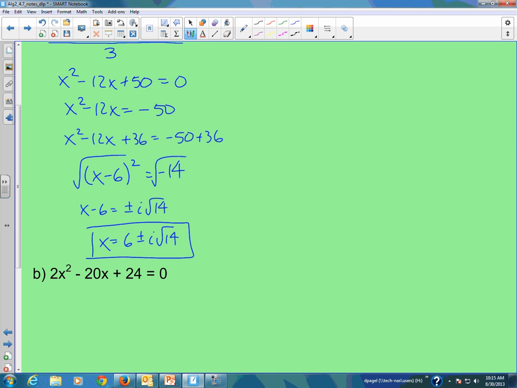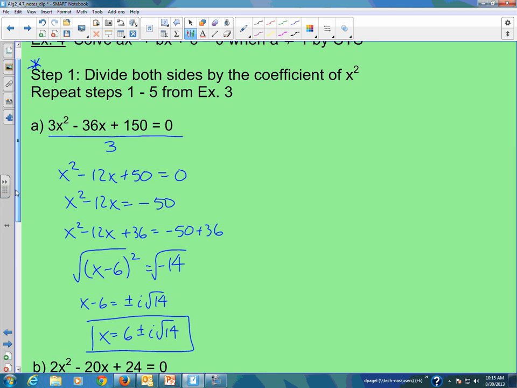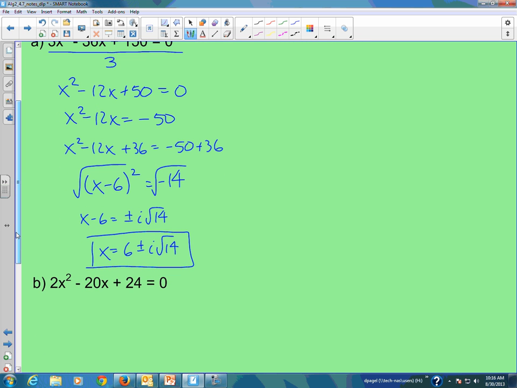Now, what's unique about this answer is those are imaginaries. They're not real solutions. So we have no real solutions, and that means we have no x-intercepts. We have no real solutions when the polynomial is equal to 0.